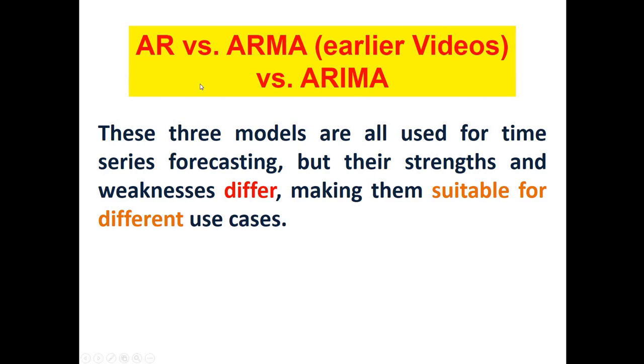Now if you consider AR versus ARMA, which were covered in the earlier videos, and also versus ARIMA, these are three different models that are used for time series forecasting, but their strengths or weaknesses differ from one to another.